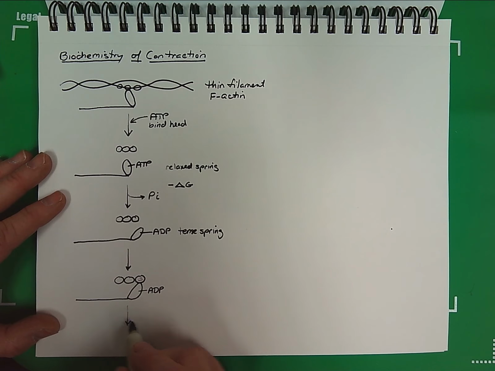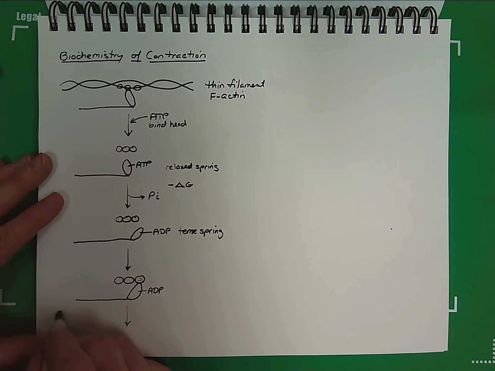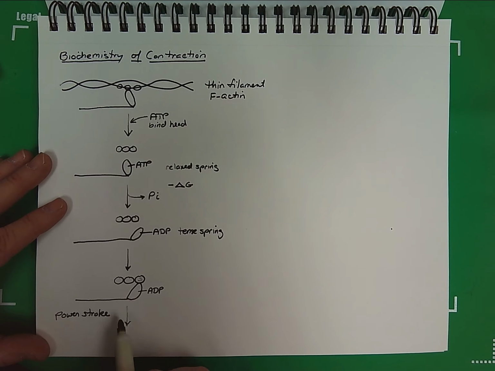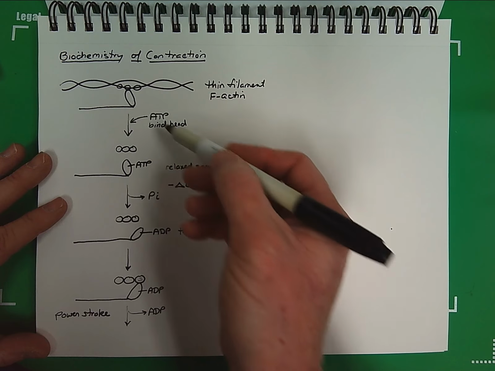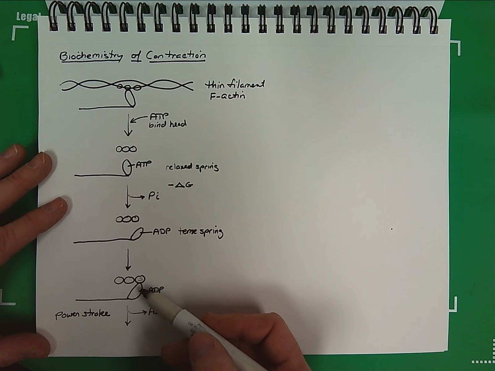The final activity here is called the power stroke. What the power stroke simply is that we are going to release ADP from the myosin head group, and when this happens, the stored energy, because of this conformational change, the energy gained from this free energy change of ATP hydrolysis, we are now going to release this energy.